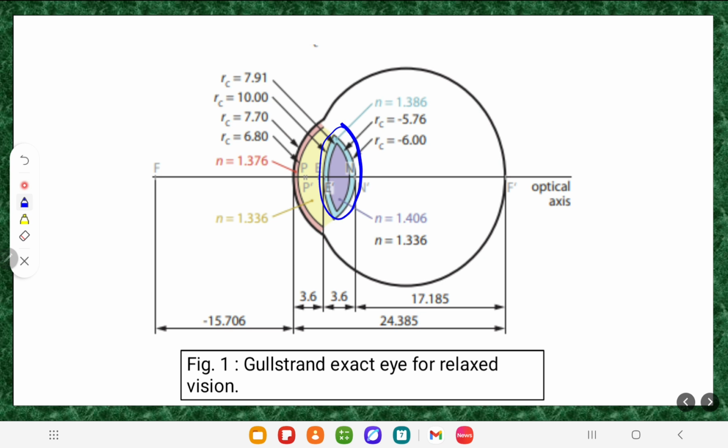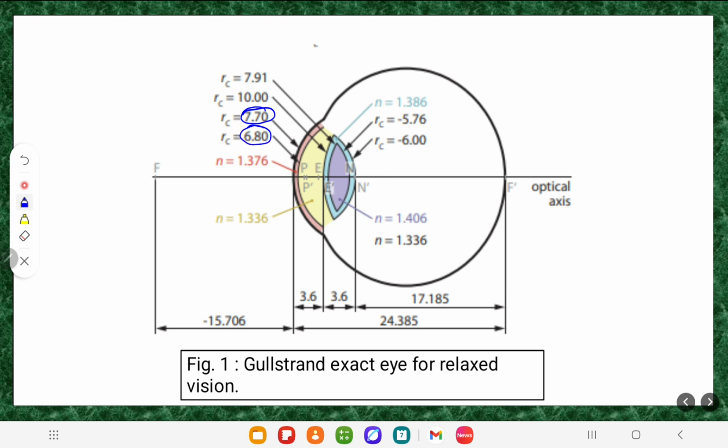Actually it should be two, because we don't treat the lens as cortex and nucleus, but in this picture the lens is considered as cortex and nucleus. The front surface of the cornea is given a radius of curvature of 7.7 and the back surface 6.8.